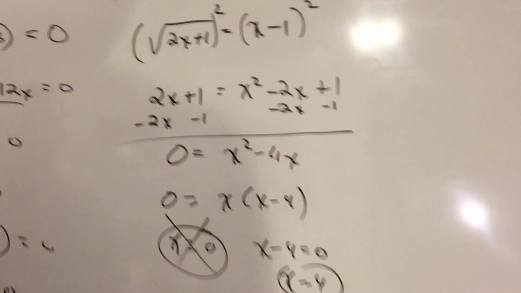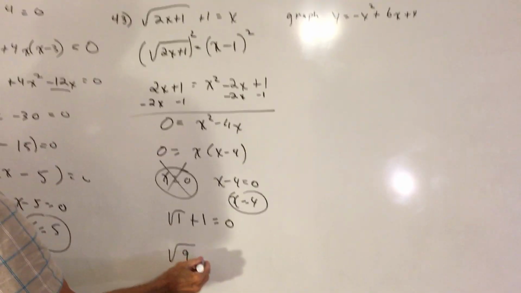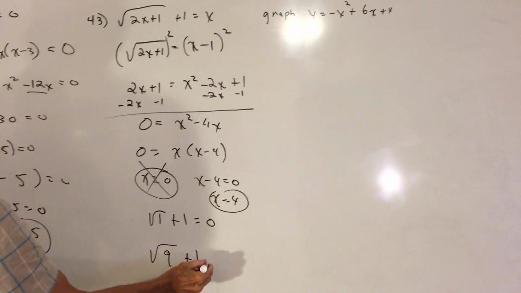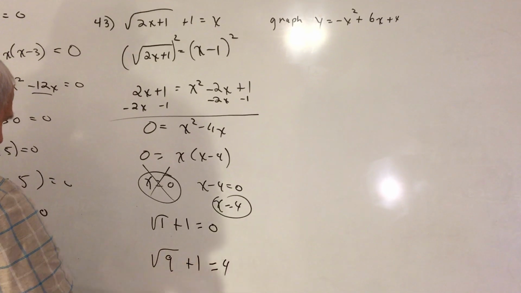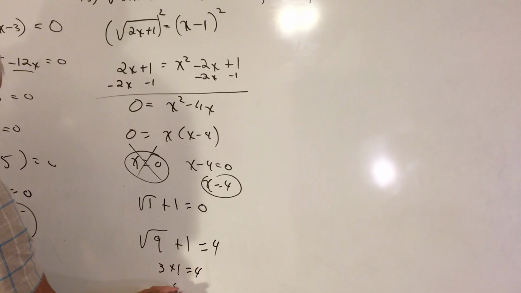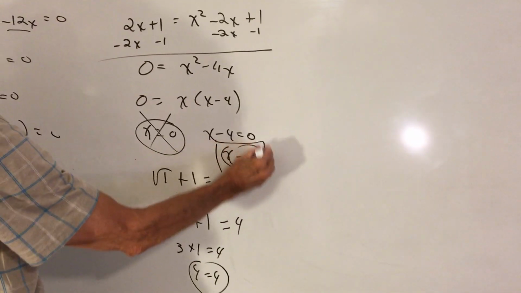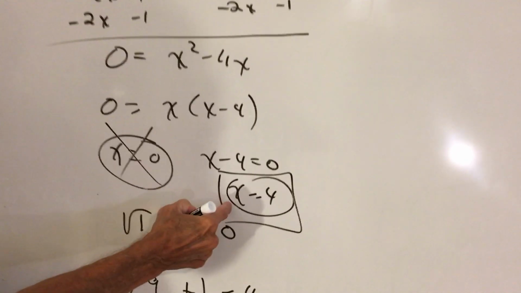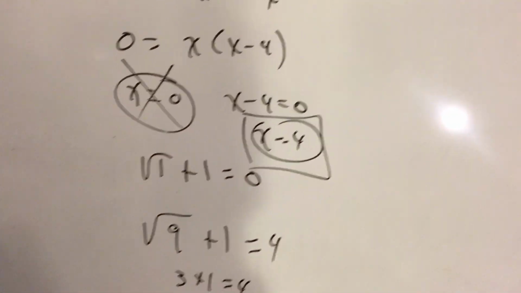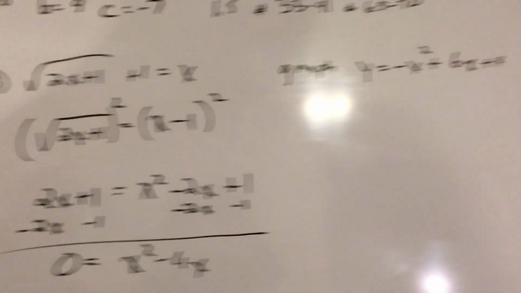We put 4 in. 2 times 4 is 8 plus 1 is 9. The square root of 9 plus 1 is 4. But the square root of 9 is 3, so 4 works. So we solve for two answers, and only one of them fits the initial problem. Last math.